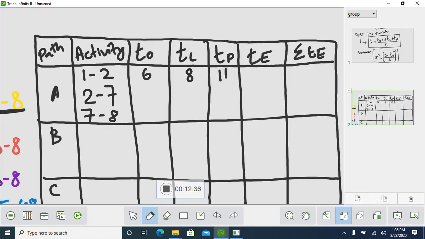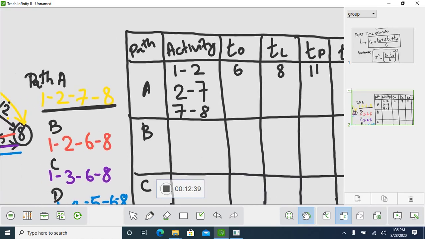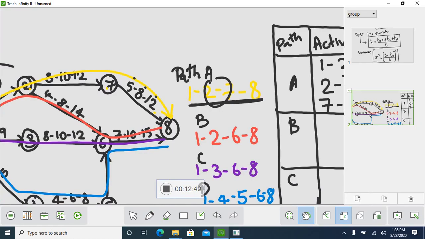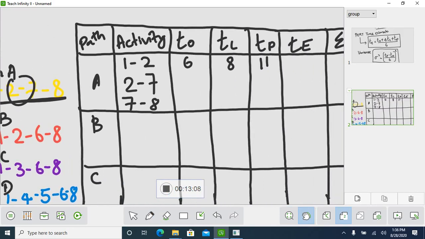Next is 2 to 7. What are the optimistic time, most likely time, pessimistic time for 2 to 7? For 2 to 7, you have 8, 10, 12.